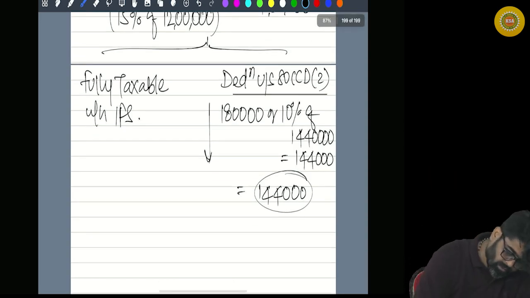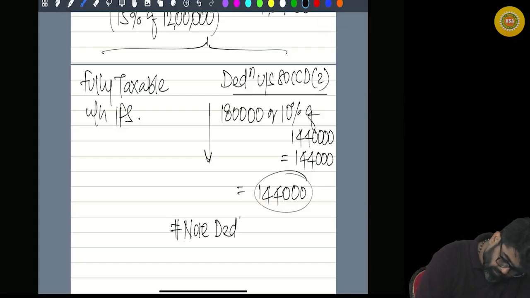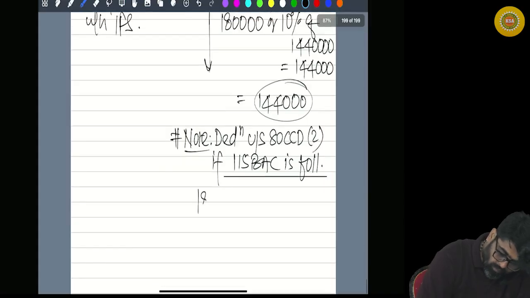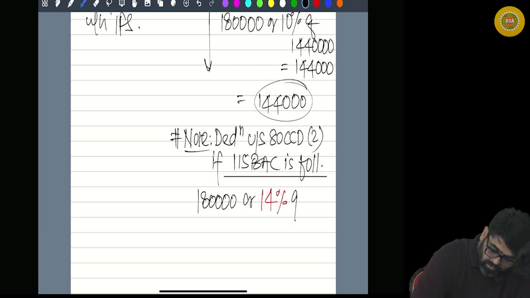And note, deduction under section 80CCD2, if 115BAC is followed, then it will be how much? Same, 1,80,000. Or now you are going to write 14% of what? 14,40,000.